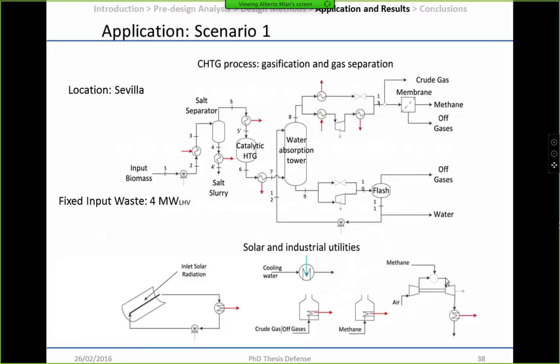So I consider this superstructure, the flow sheet that is describing the catalytic hydrothermal gasification and the gas separation. Then I consider a set of solar utilities and, of course, conventional utilities. So we may use a gas turbine or a burner.